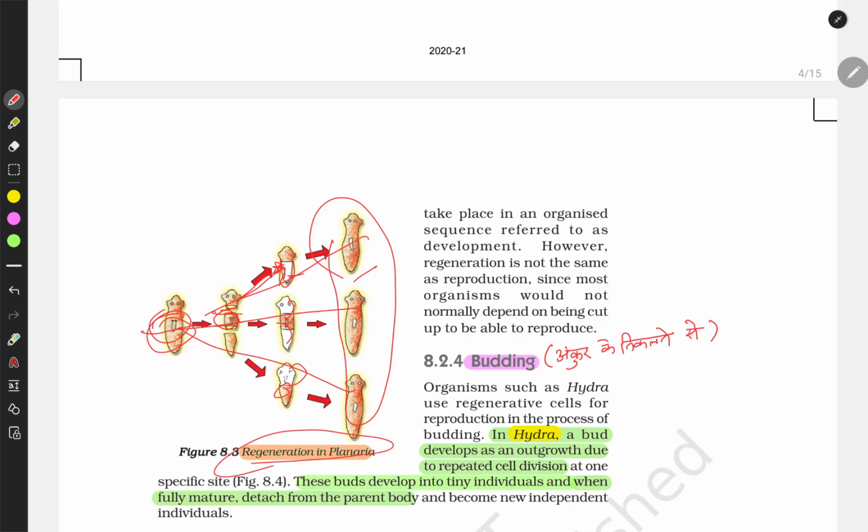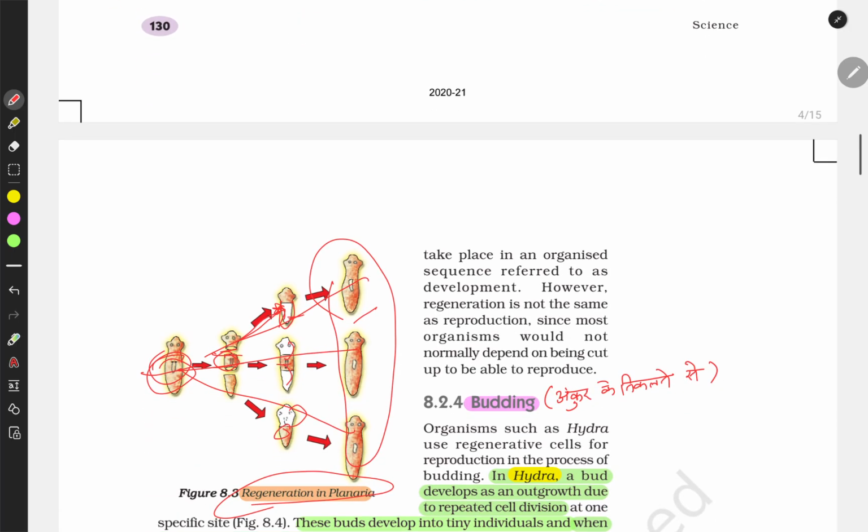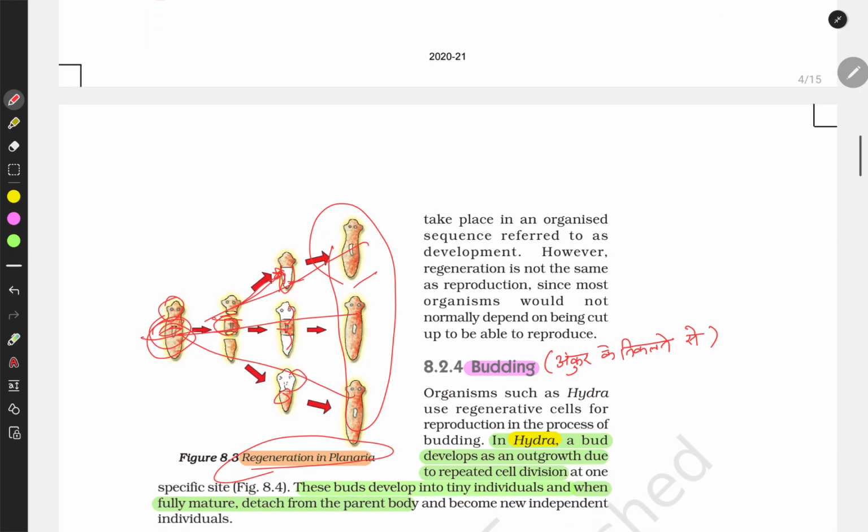So this is how regeneration happens. This cannot happen by cutting every part. There must be some specialized cell which knows the memory of the complete body. It must have a DNA, it must have a nucleus, only then it can regenerate.